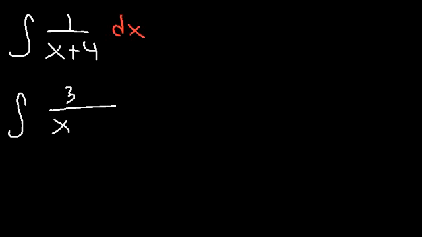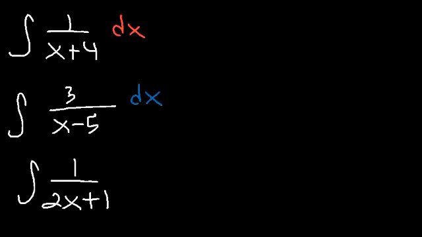So what is the antiderivative of the following functions? Let's say 1 over x plus 4 dx, 3 over x minus 5 dx, and 1 over 2x plus 1 dx.